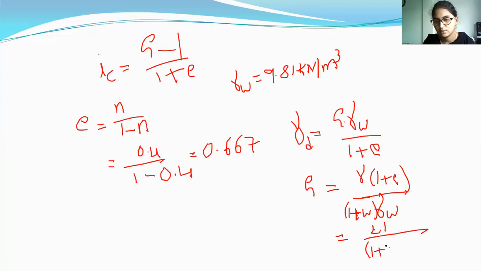W is equal to 0.31 multiplied by gamma W, which we have already written as 9.81, multiplied by 1 plus E. You have already calculated the E value, which is equal to 0.667.